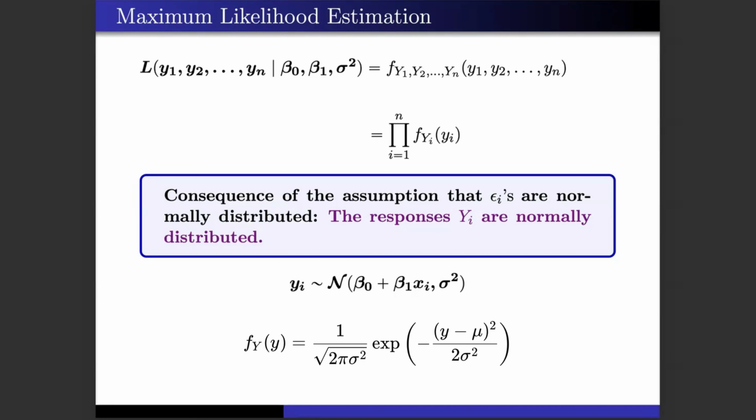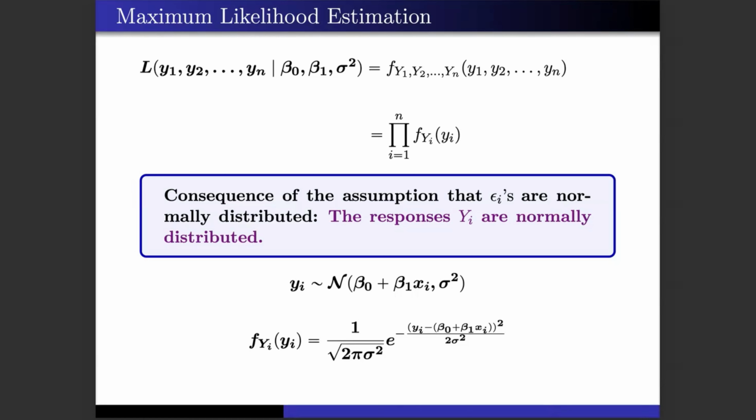In the case of the simple linear regression model, yi has mean beta naught plus beta 1 xi and variance sigma square. Therefore, the density function of yi would be equal to 1 divided by square root of 2 pi sigma square times e to the power minus (yi minus (beta naught plus beta 1 xi)) whole square divided by 2 sigma square. And now we have the density function of yi.